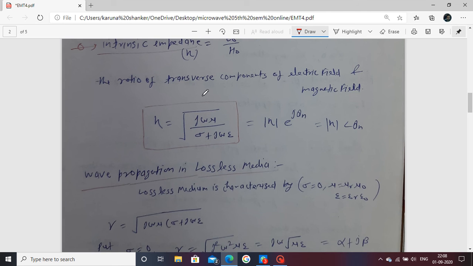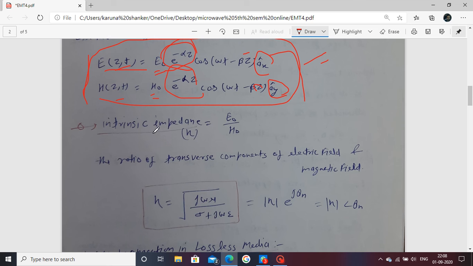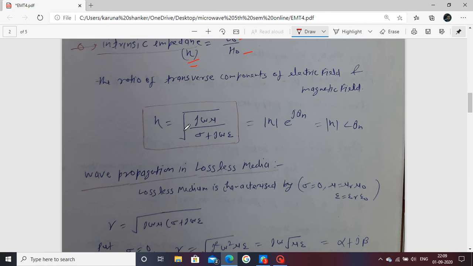Next we move to intrinsic impedance. What is intrinsic impedance? Eta is the ratio of the transverse components of the electric field and magnetic field. In other terms, the ratio of electric field and magnetic field is called the intrinsic impedance. One of the relations is in terms of j omega mu over sigma plus j omega epsilon.